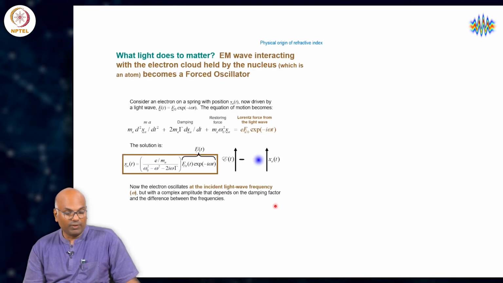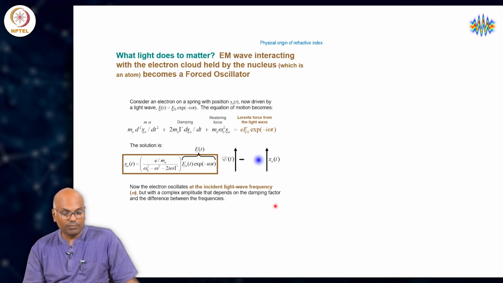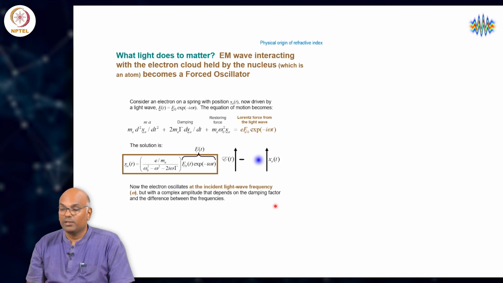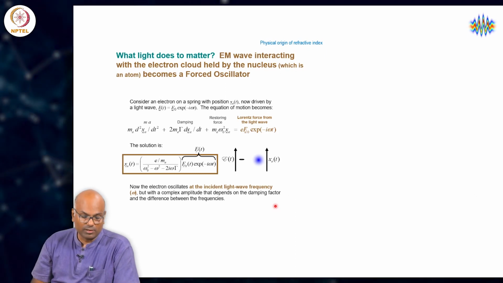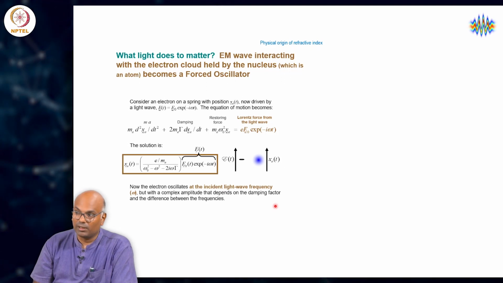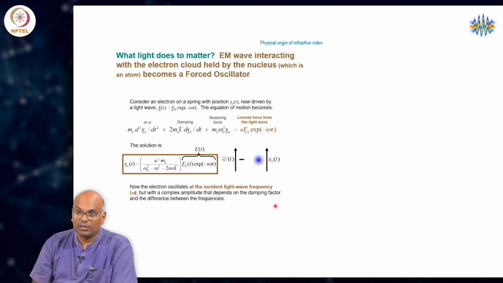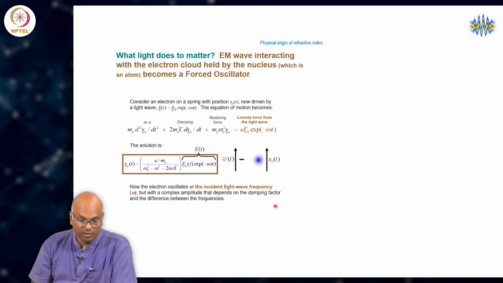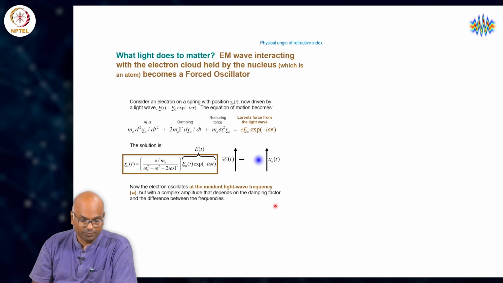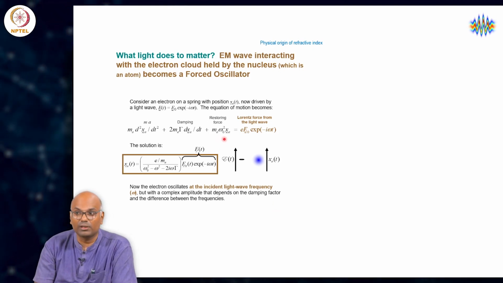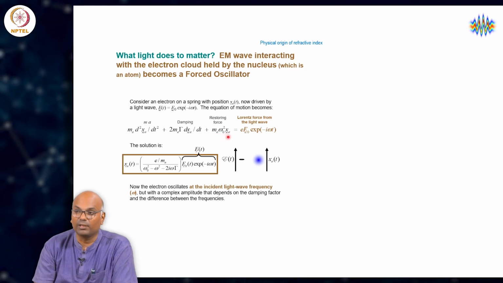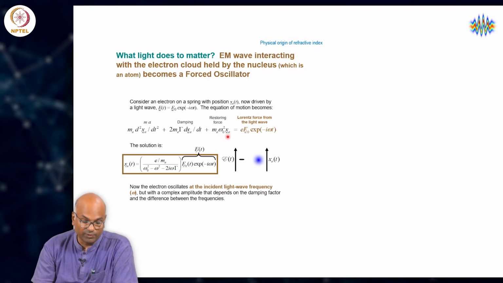Now, we looked at the fact that light sets up oscillations of the electron cloud in matter, and the simplest way to deal with this is a harmonic oscillator to describe the displacement of the center of the charge of the electronic cloud with respect to the center of the positively charged nucleus, whose inertia is about a factor of 2000 or more greater than that of an individual electron.